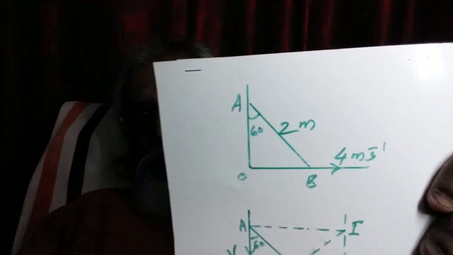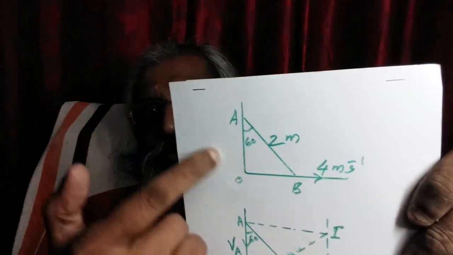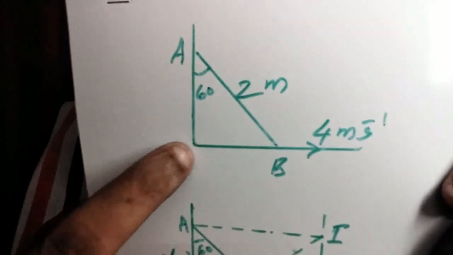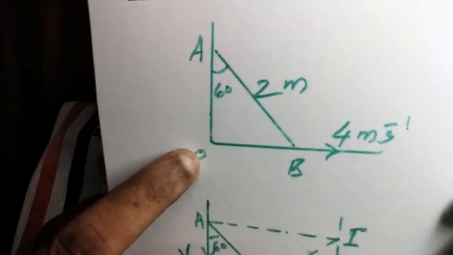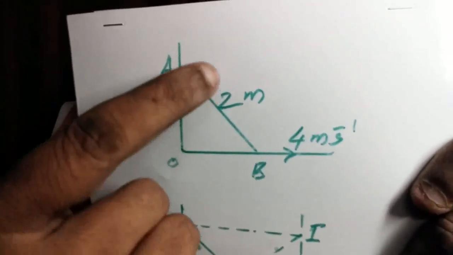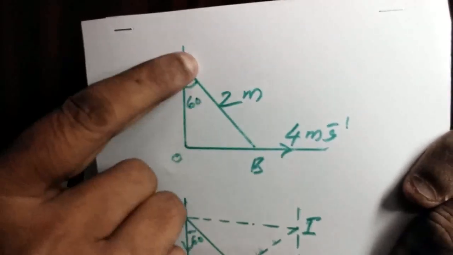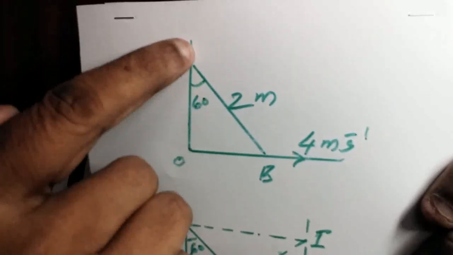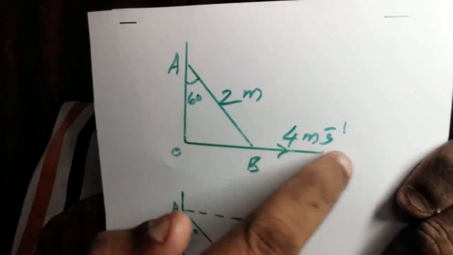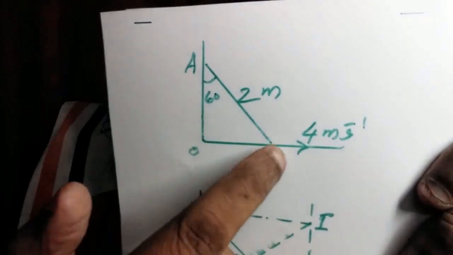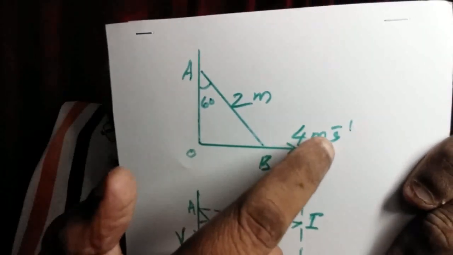See the problem. This figure is given along with the question. This is the vertical wall, horizontal surface. Both surfaces are smooth enough so that the rod AB slides down. So the end A will move downward, B will move horizontally in this direction, and it is given that the velocity of B is 4 meters per second.